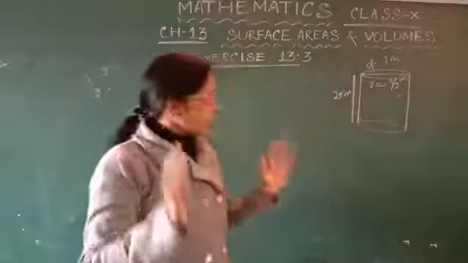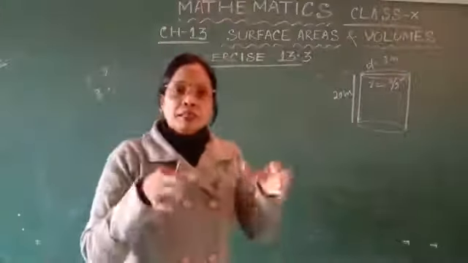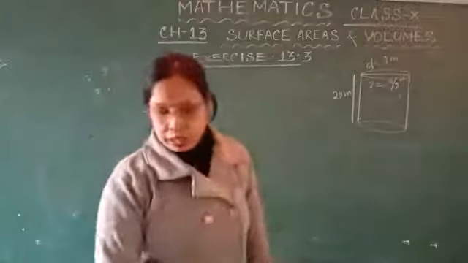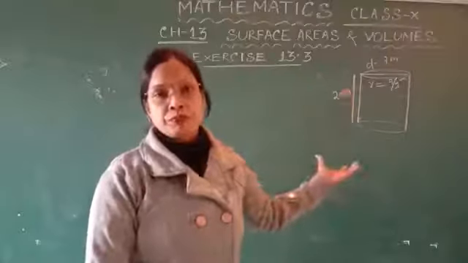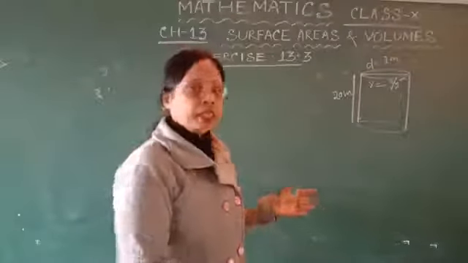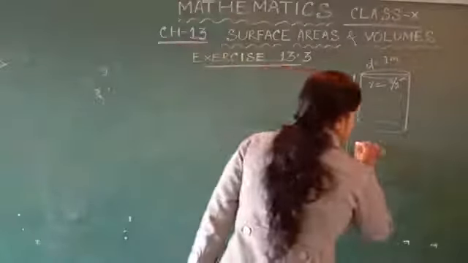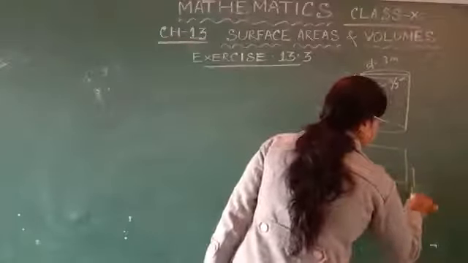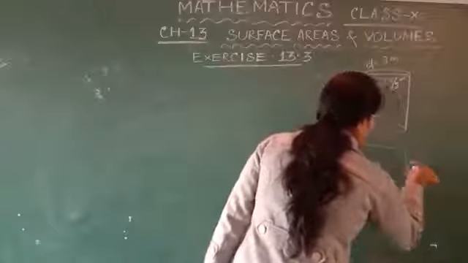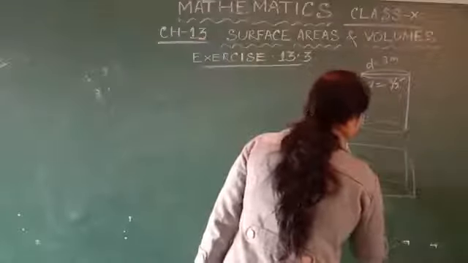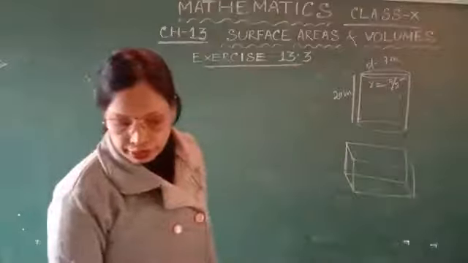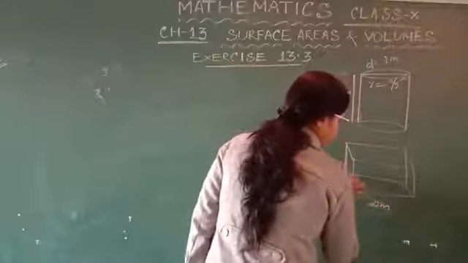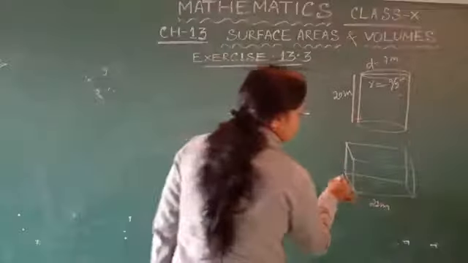Then according to our question, when the well is dug, the earth from this well is spread. Here this is in the shape of a cuboid, a platform having length 22 meter and breadth 14 meter.